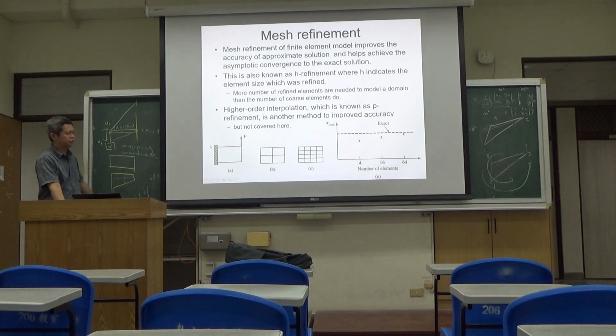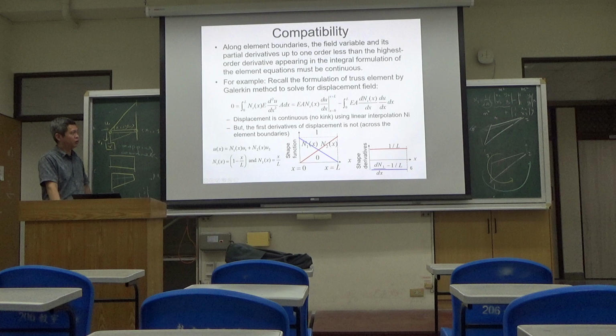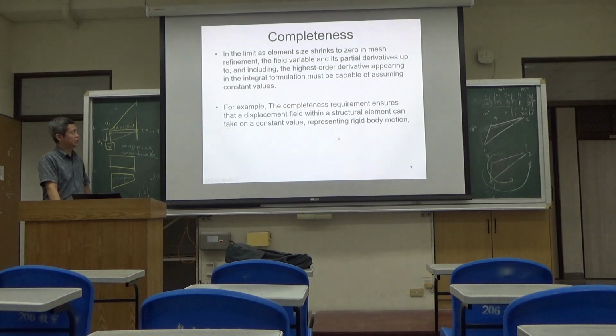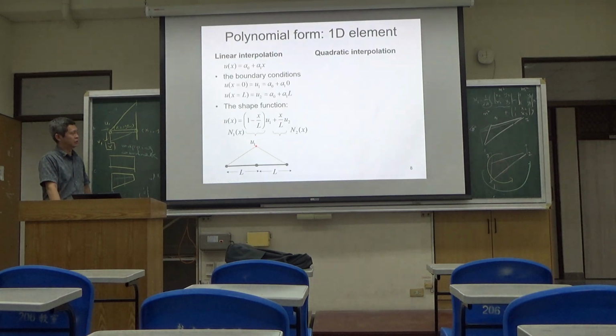This is just telling you about meshing. The more the mesh, the closer to the exact solution. And then the interpolations must fulfill the continuous boundary. Completeness: with linear interpolation, if you want to make it quadratic, you can express it, but don't forget that you need a constant value so that you can account for the rigid body motion.